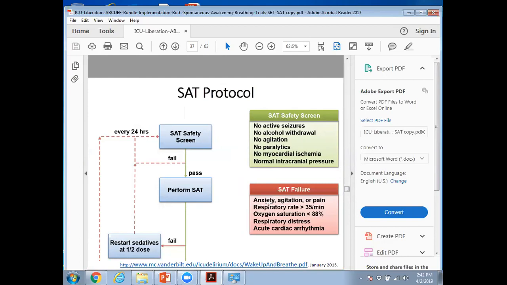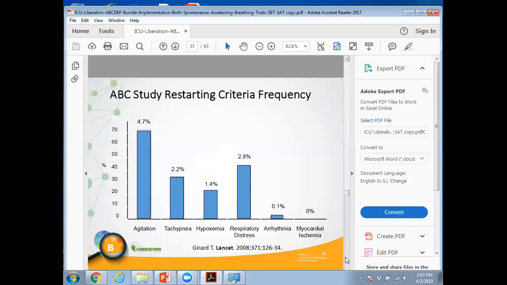If he has anxiety, agitation, or pain, became tachypneic, or desaturated after stopping sedation, then this SAT failed and you can resume sedation. So I think creating a protocol for this within the unit is useful, and again, we're going to put the link on the website so you can use it to build your own protocol if you want.